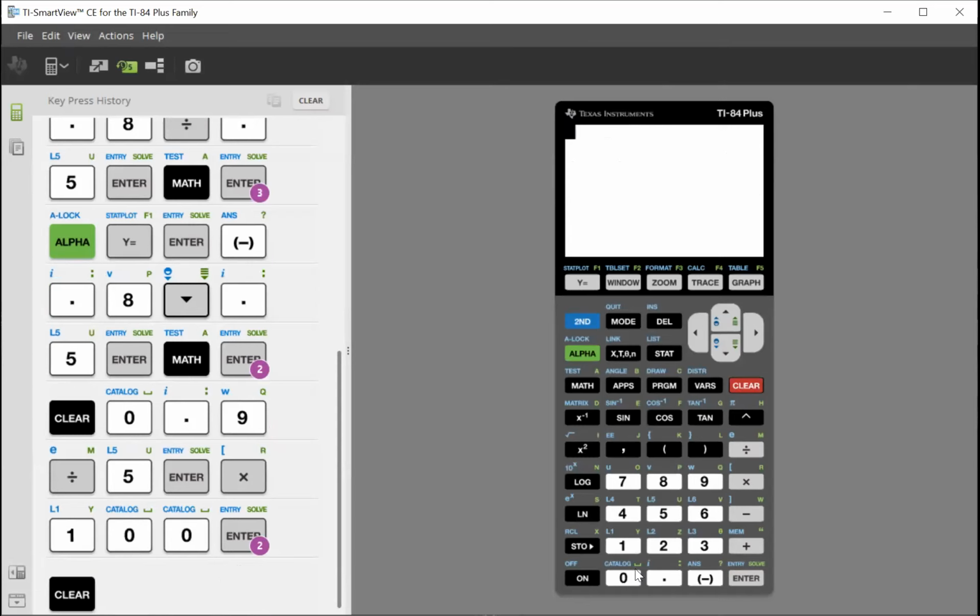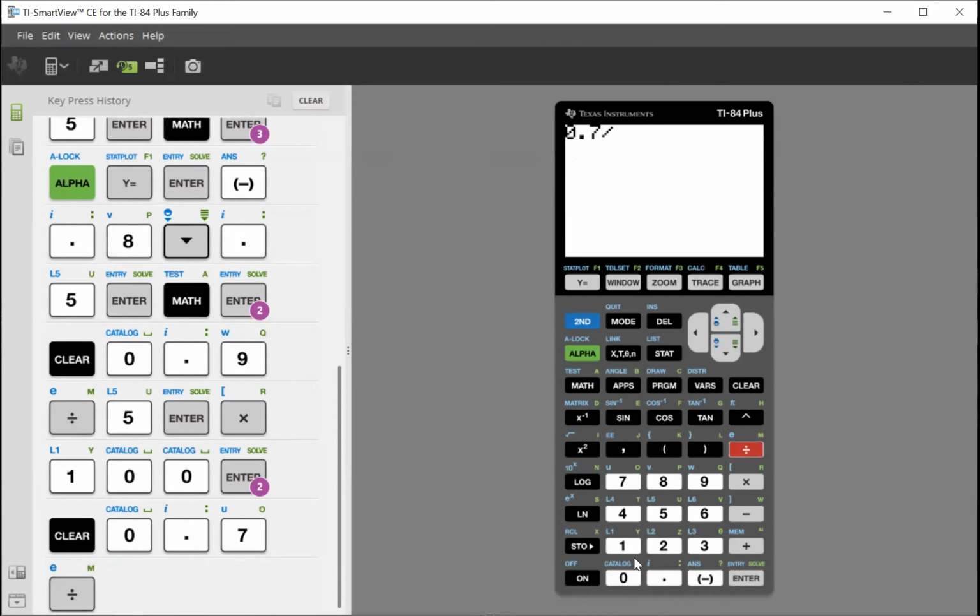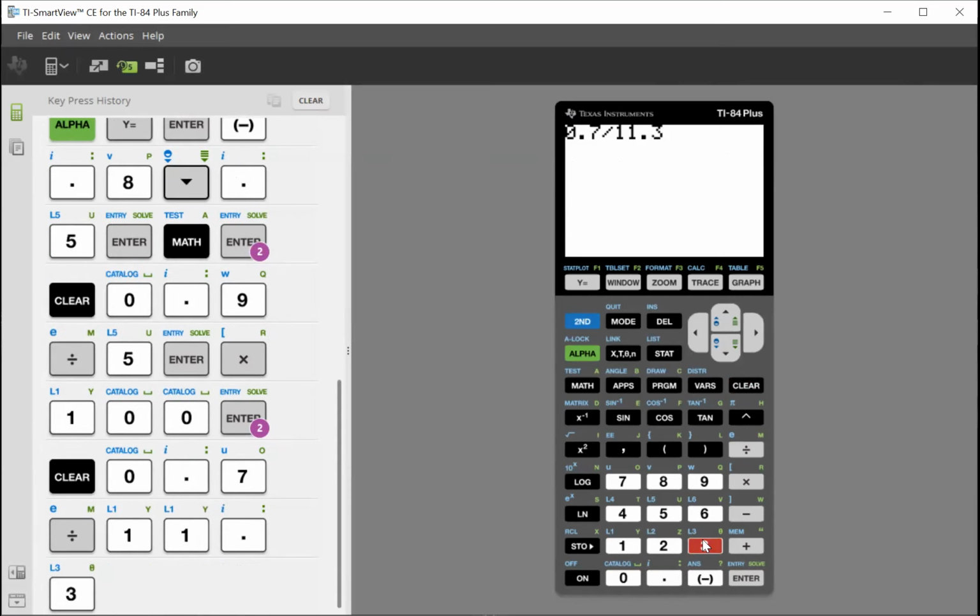So I had 0.7 on top, divided by my bottom, which was 11.3. So once I hit enter, I'll have my pitch or my slope of the roof as a decimal, 0.619, blah, blah, blah. Multiply this by 100 to get it into percent.